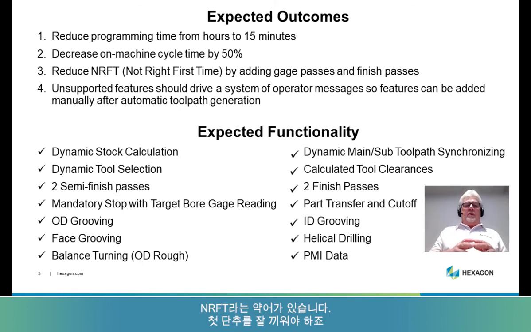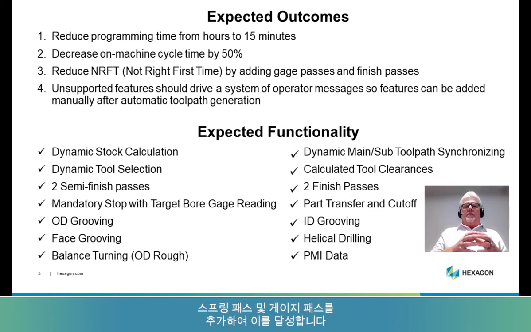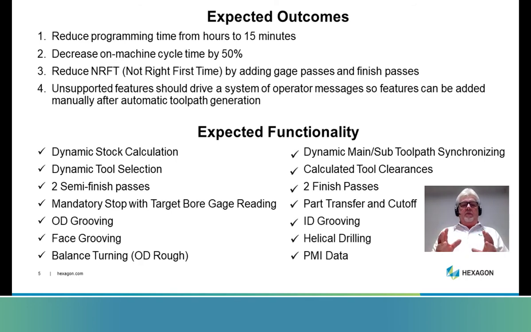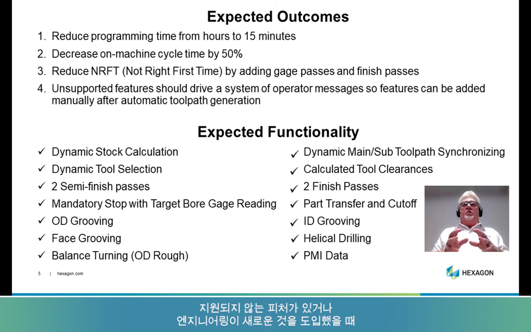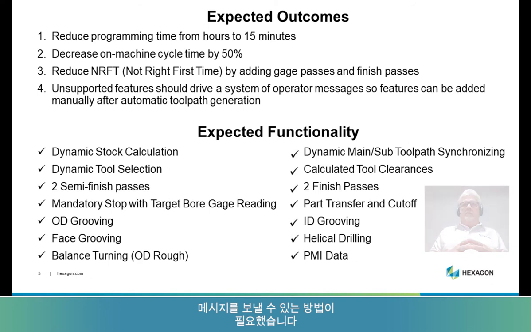They have an acronym called NRFT, do it right the first time. And we're going to accomplish this by adding additional gauge passes, spring passes, and finishing passes. They want to put the stock in, take a finished part out. And any unsupported features, new things that engineering introduces, we needed a way to notify and message the programmer that there are situations out there and features that they had to address manually.